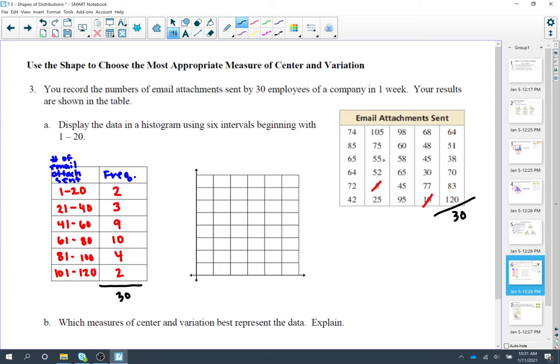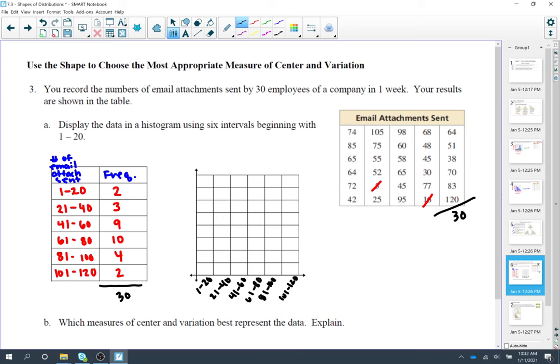Now we're going to make our histogram. So I'm going to put my intervals down here. And then on my frequency, I have to make it the whole way to 10.